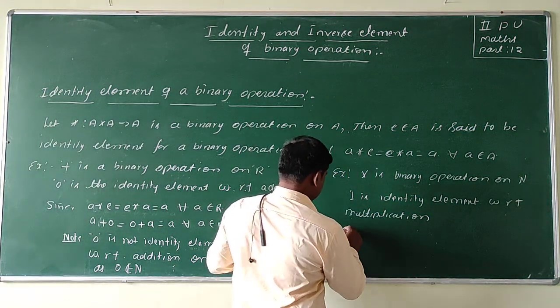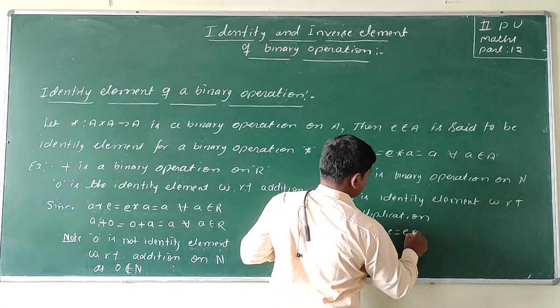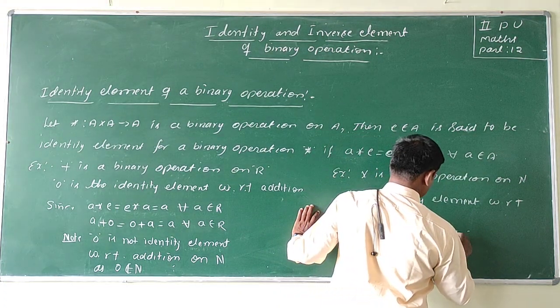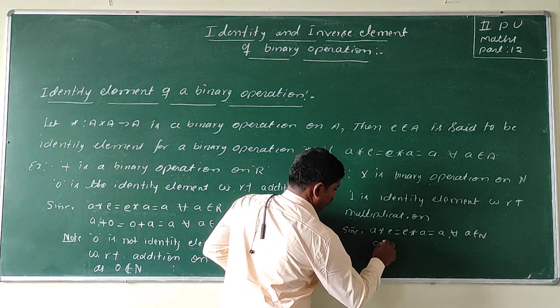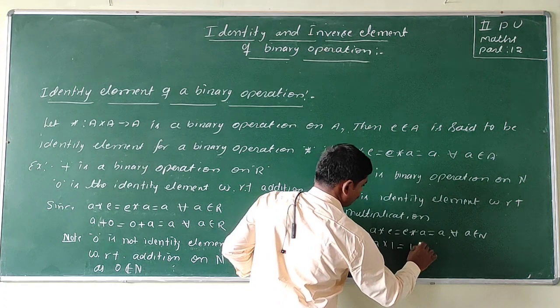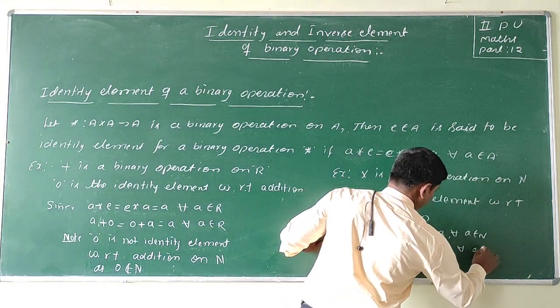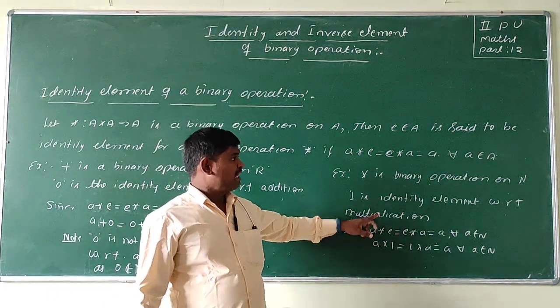Since A star E is equal to E star A is equal to A for all A belongs to N, that is, A into 1 is equal to 1 into A is equal to A for all A belongs to natural numbers. So this is applicable for natural numbers.